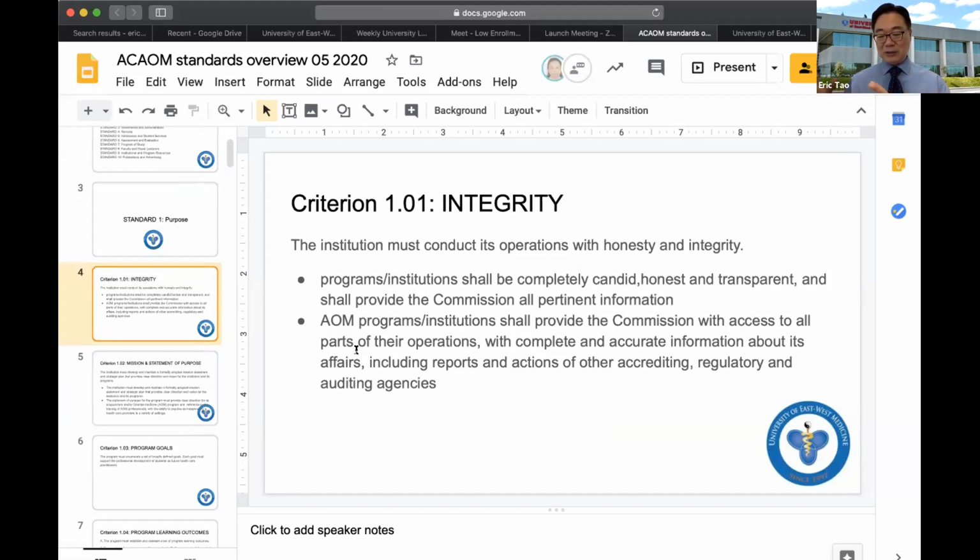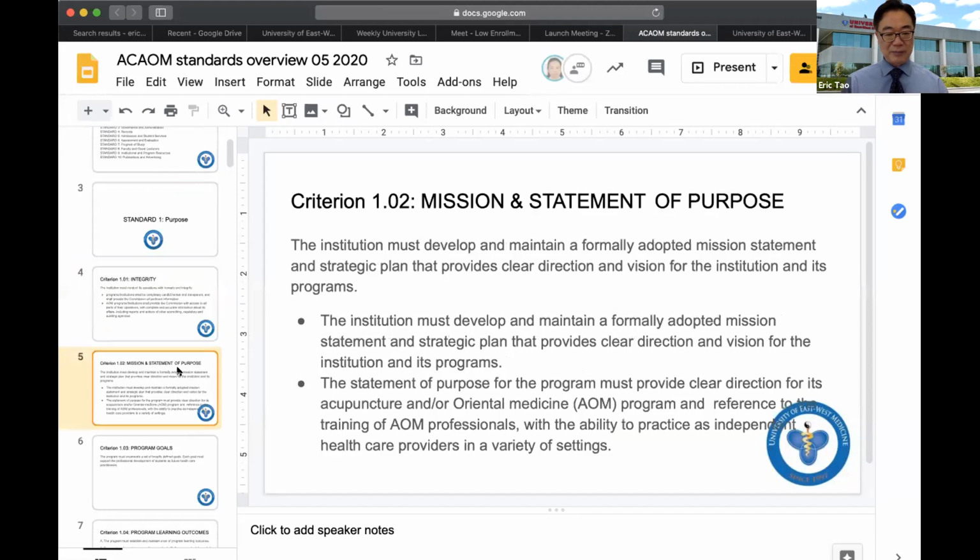We do our best job, present our best version of ourselves, not a fake one, to the accreditation agency. And that's important. We should be completely candid, honest, and transparent. And if ACAOM asks for any information, we should have it ready. We have to be careful with privacy and student information. So integrity is the first criterion.